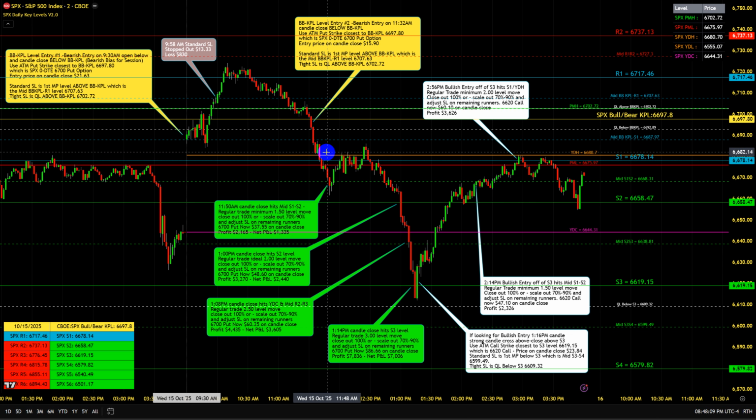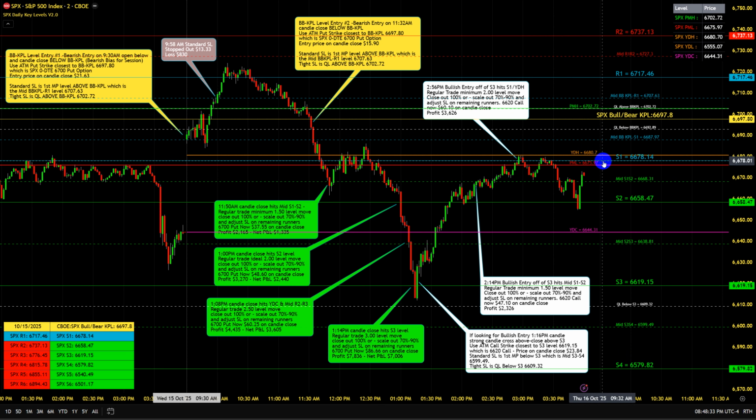That is the minimum target move you're looking for. The ideal target move is going to be a 2 level move, whereas the minimum is going to be a 1.5 level move. So how we determine a 1.5 level move is we look at the trade we took, the level we took the trade from, in this case the bull bear KPL.